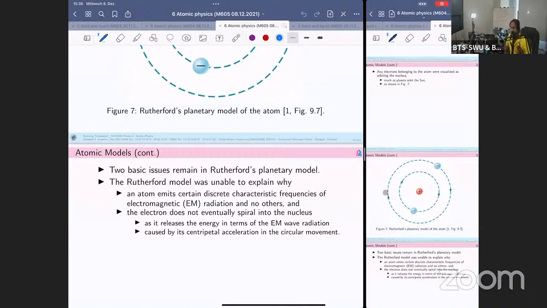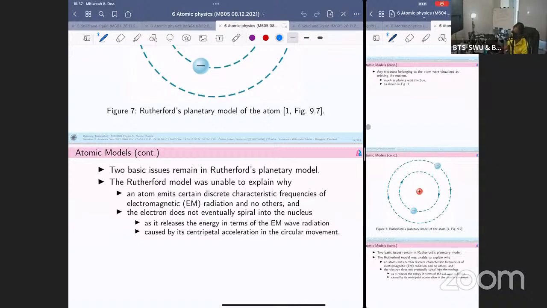If you run at a high speed and then slow down, you would release the energy. It's the same here. Even if the speed remains the same, there should be acceleration, because the direction changes all the time.